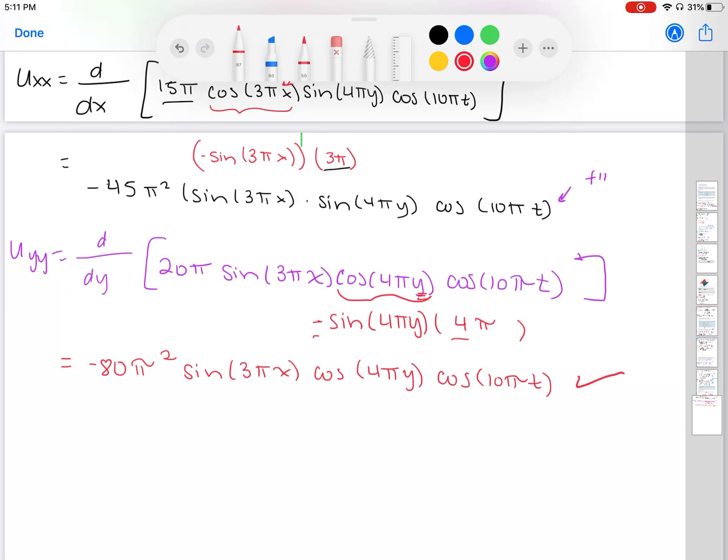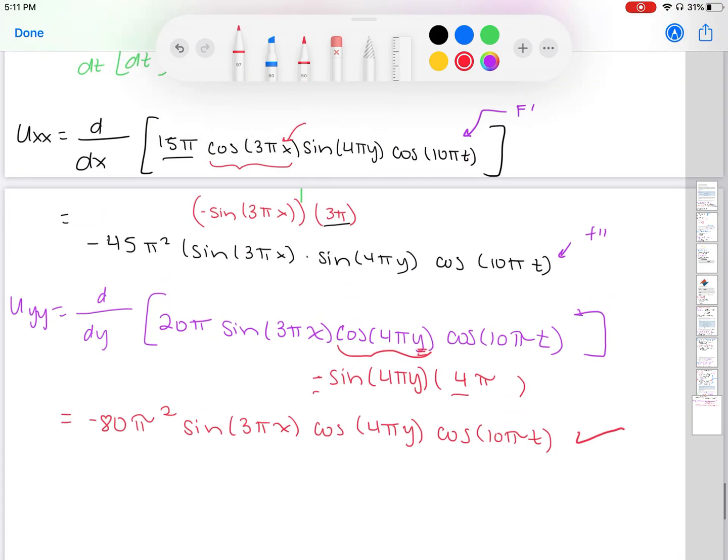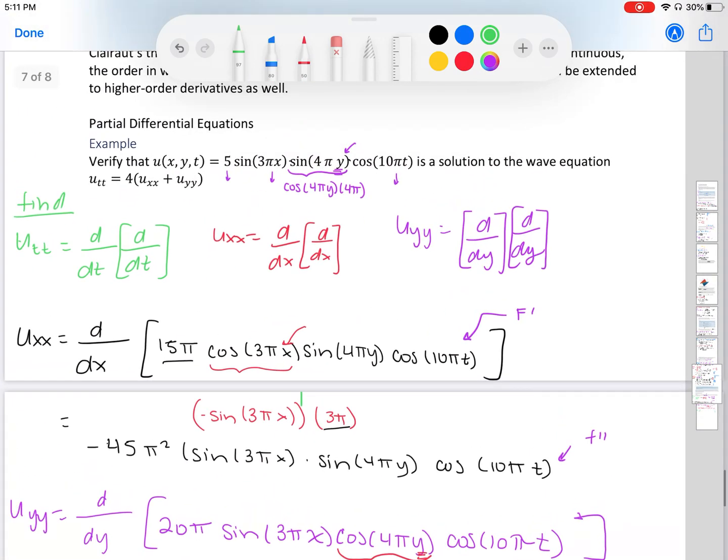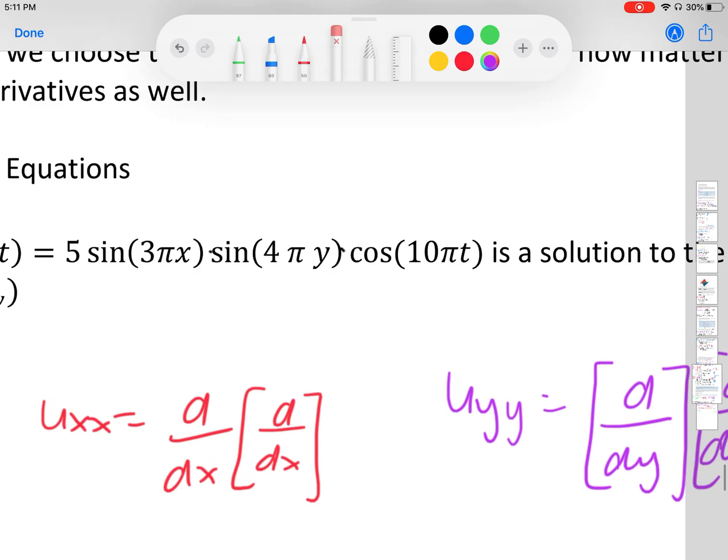One more time, lastly, for t. Okay, to save time, let's first find the derivative of our function in terms of t. So let me erase some past work. Okay, so here we have our function.